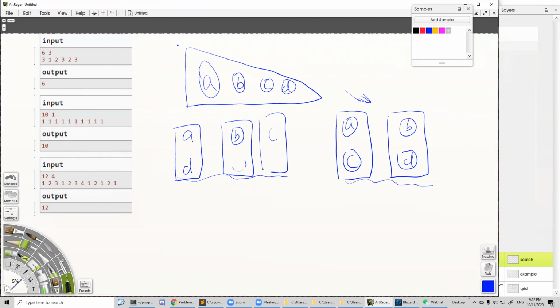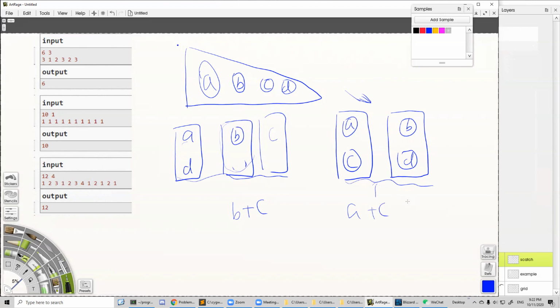Why is that? Because we have this case where B and C are in separate buses. That means B plus C is bigger than the bus size S. But this solution clearly says that A plus C are in the same bus, right?